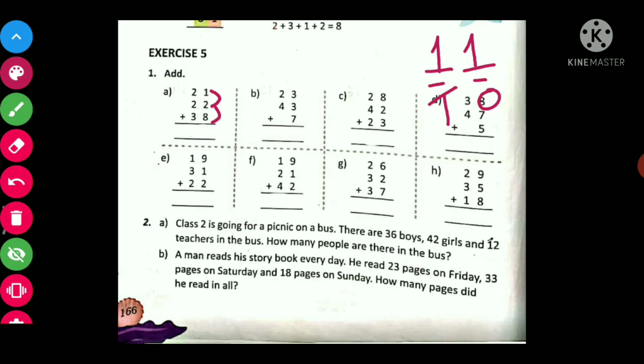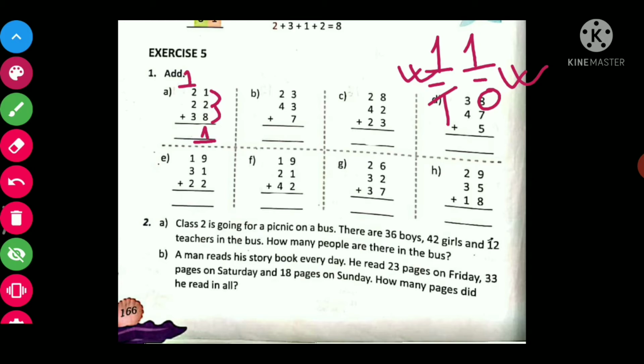Now which number will be placed in ones place? Both are the same, but this number, that is 1, will be placed here in ones place, and this one will be sent to tens place.